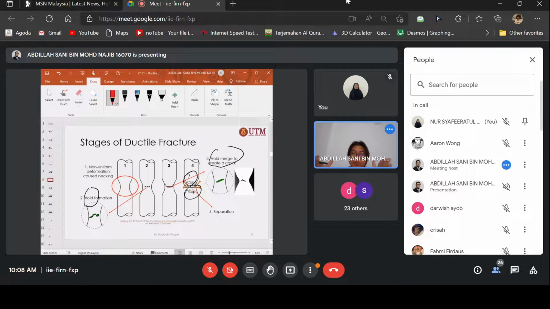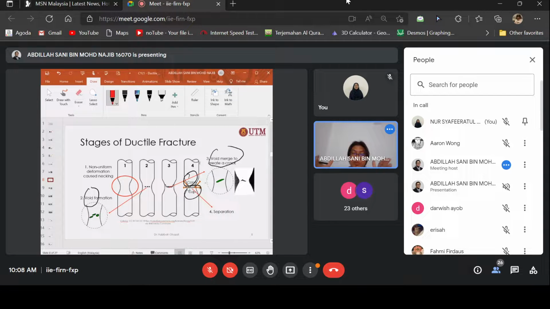From naked eyes, we could see that in a brittle fracture, it is rather a straight line. Okay, a straight line, or a flat surface compared to the ductile fracture. Ductile fracture have cups and cones, but brittle fracture, they have flat surface.